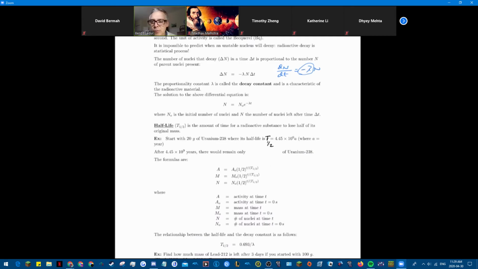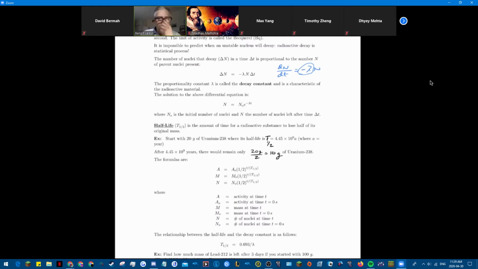It's not a tricky question. So how much would remain here, guys? 10 grams. Yeah, 10 grams, right? So there would remain only 20 grams over 2. Very good.